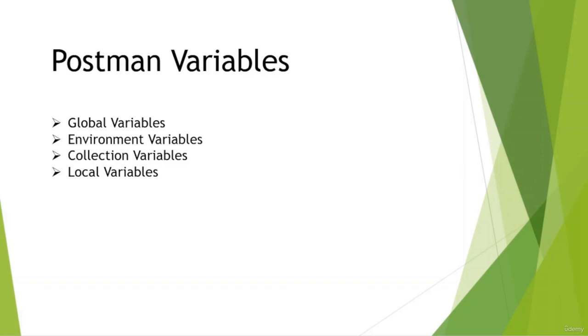Then come environment variables, where you can have multiple copies of the same variable in different environments. And as soon as you change the environment, the corresponding values of the variable belonging to that environment will be used. Then come collection variables, a variable which can be used by all the requests belonging to the same collection. And then come local variables whose scope is limited to only one request.